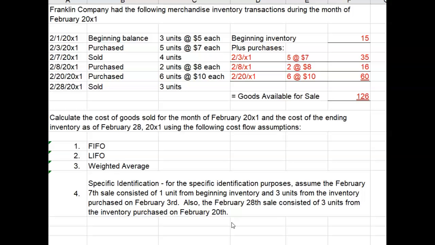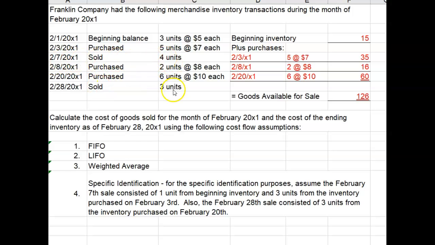So in the Franklin case, the number 4 gives the information we need to apply specific identification cost flow. It says, assume the February 7th sale consisted of 1 unit from the beginning inventory and 3 units from the inventory purchased on February 3rd. That's this sale right here where we sold 4 units.